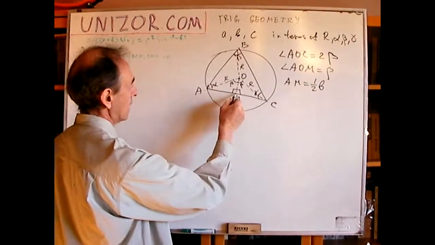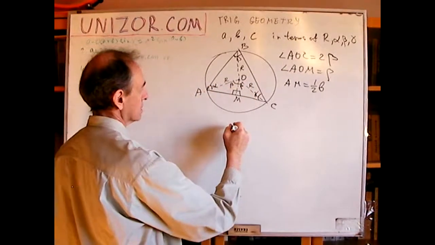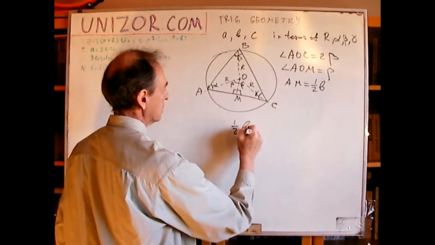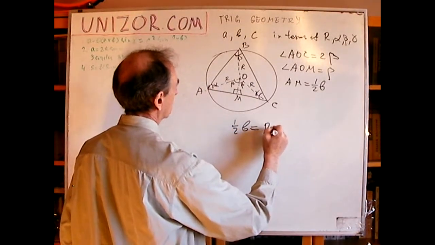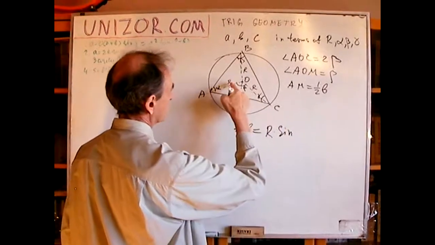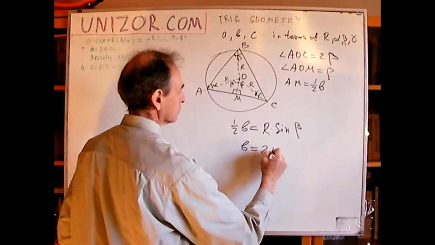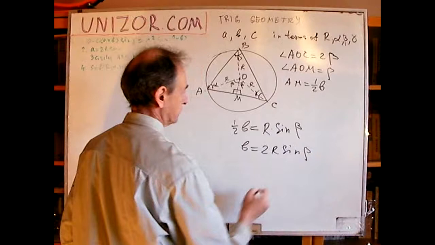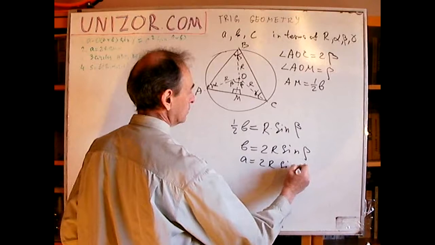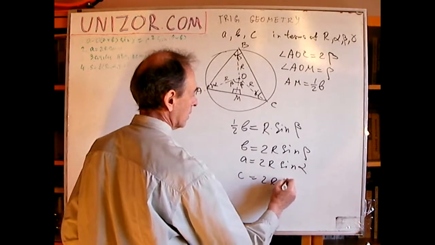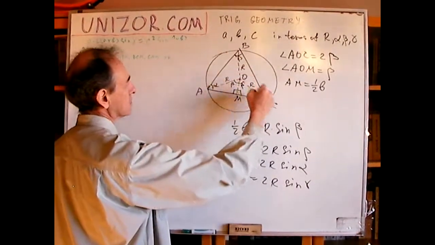So obviously, AM divided by AO is the sine of beta. So AM, which is 1/2 B, is equal to the hypotenuse, which is R, times the sine of this angle AOM, which is beta. From here, B is equal to 2R sine beta. And very similarly, obviously, A is equal to 2R sine alpha, and C is equal to 2R sine gamma. Exactly the same logic can be applied in this triangle or in this triangle.